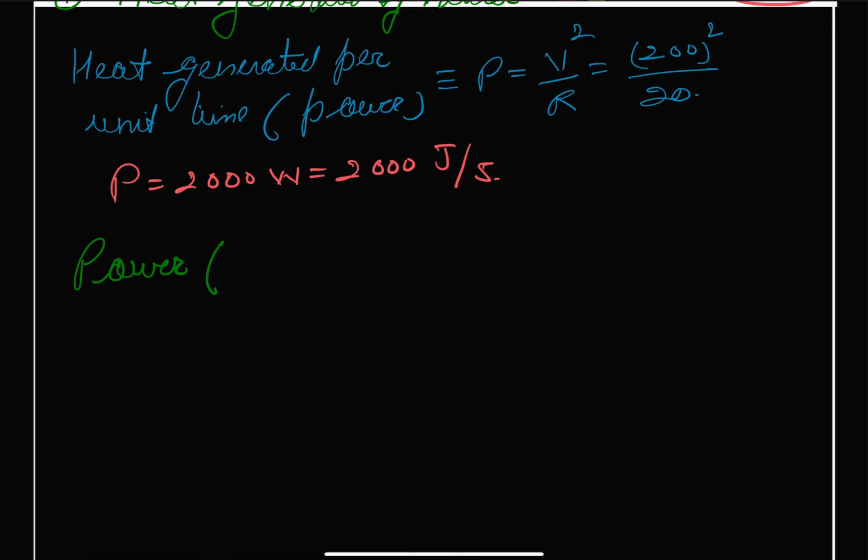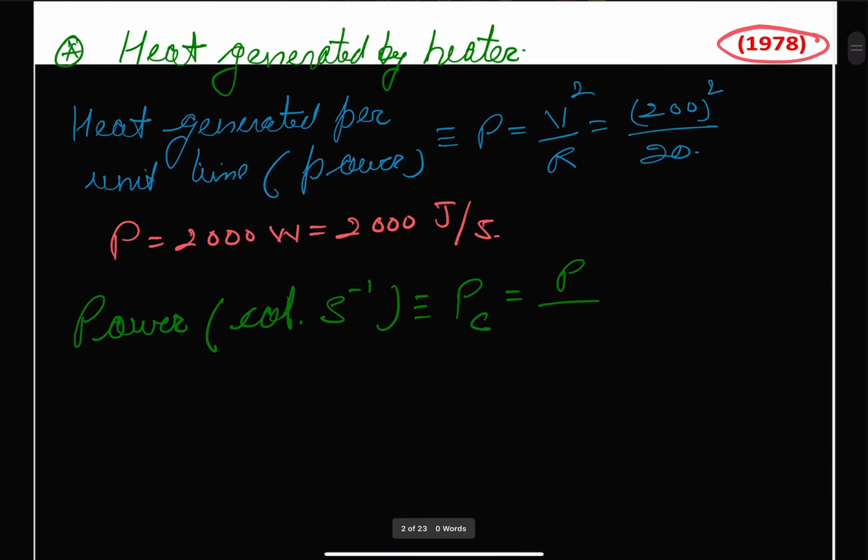Power in calories per second, let us call this PC, will be equal to power in watts divided by the mechanical equivalent 4.2.